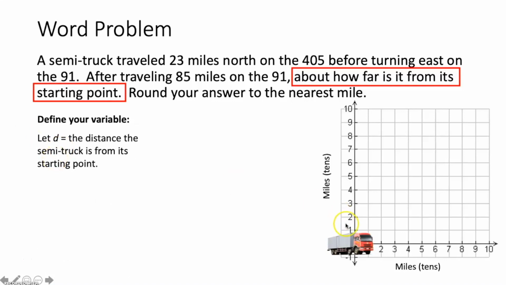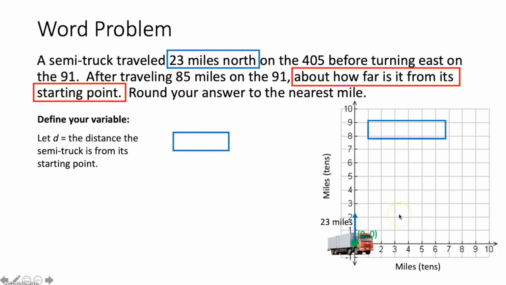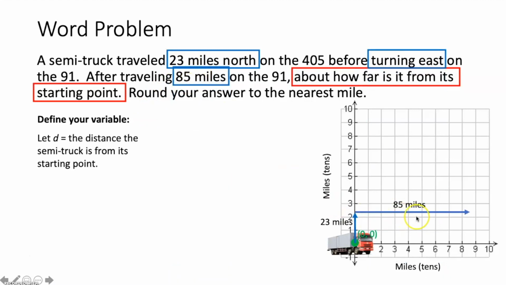So we look at our graph. Where is it starting? Well, the easiest place to have a truck start or anything start would be at the origin, right? 0, 0. We know from this point, the truck travels 23 miles north. So we go up 23 units on the y-axis. It then turns east and travels 85 miles. So it goes 85 miles east.